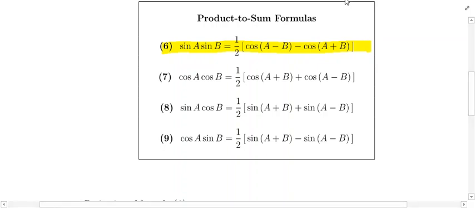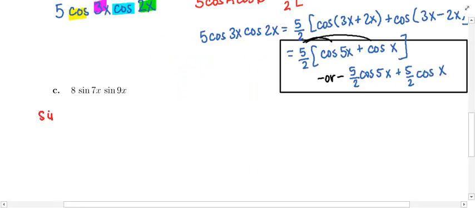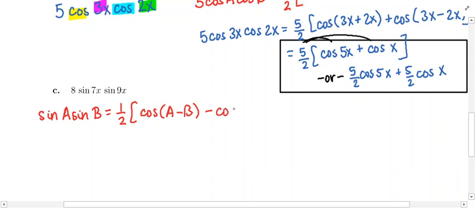All right, so let's go write this down. We know that the sine of A times the sine of B is equal to 1/2 times the entire quantity cosine of A minus B minus the cosine of A plus B. Now we need to get an exact match to our expression.